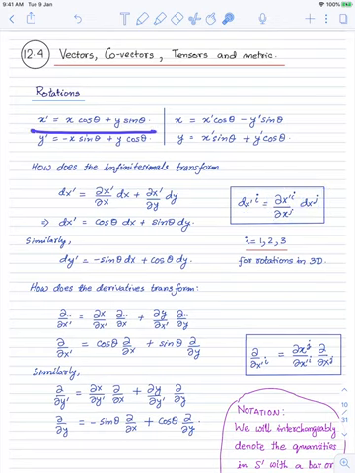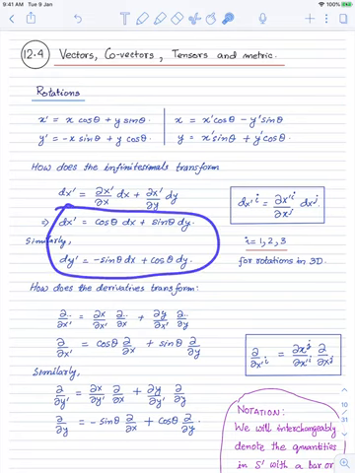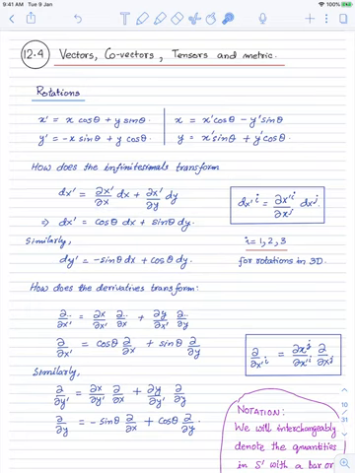If we execute it on these transformations, we'll see that the infinitesimal has this form, where these coefficients are precisely the coefficients that appear here. Because this is a linear transformation, this is super easy to do. This is how the infinitesimal coordinates transform between the primed and unprimed coordinates.